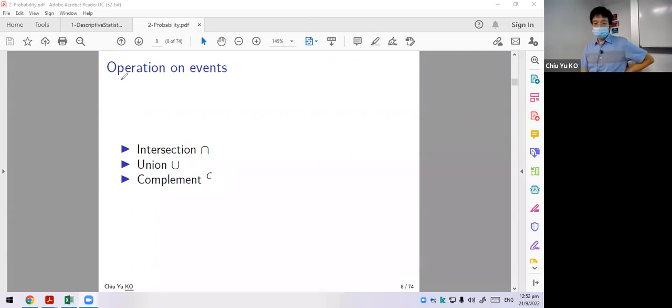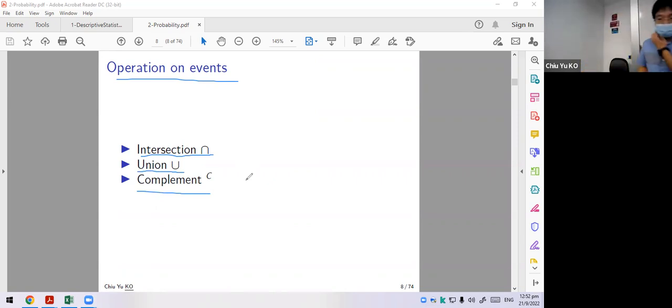So these operations on events are what we call set operations: intersection, union, and complement. You might think they're a little difficult to understand, but if you learn sets, this actually comes from logic. When you learn logic, it is related to this idea.